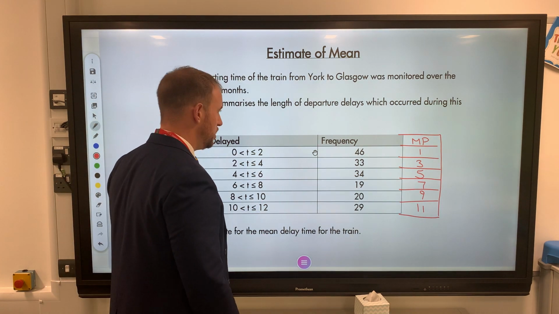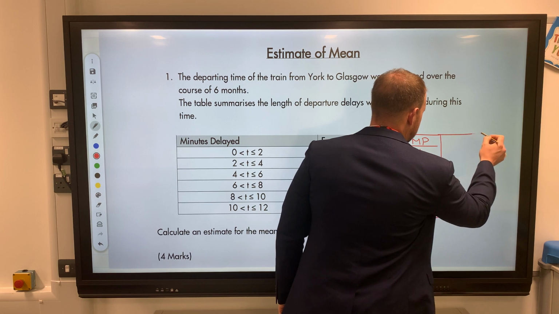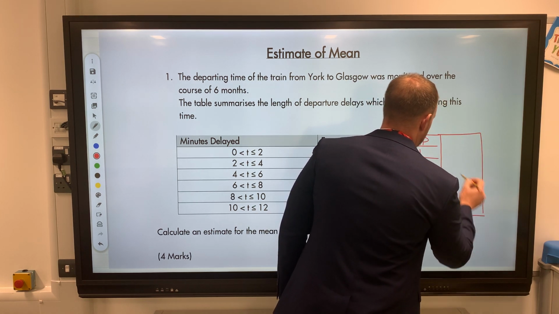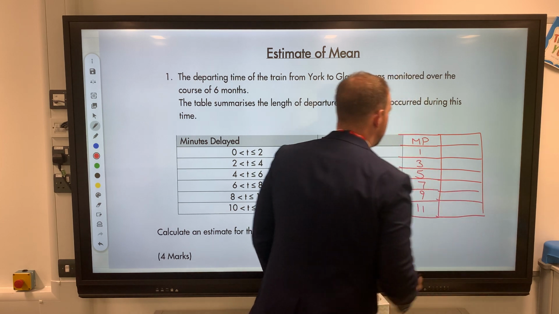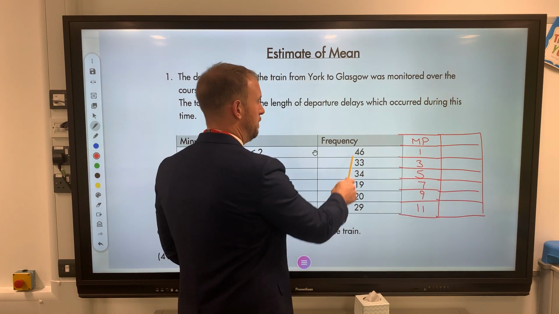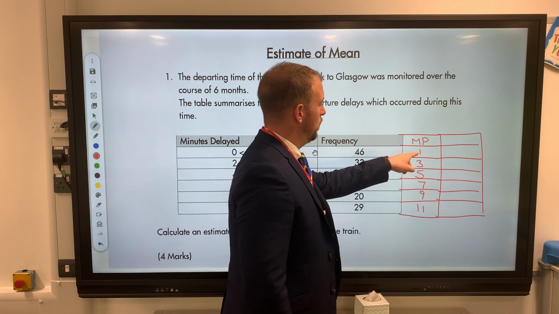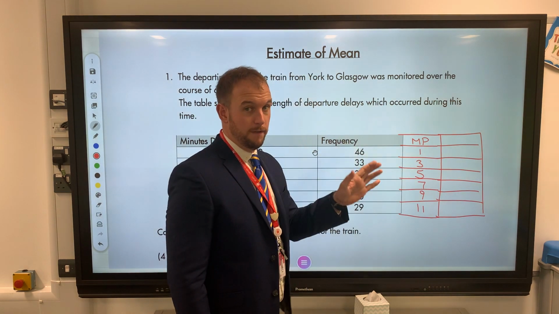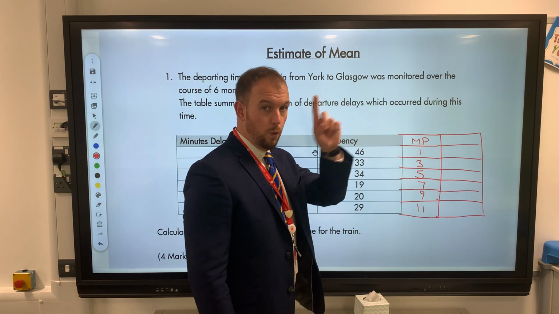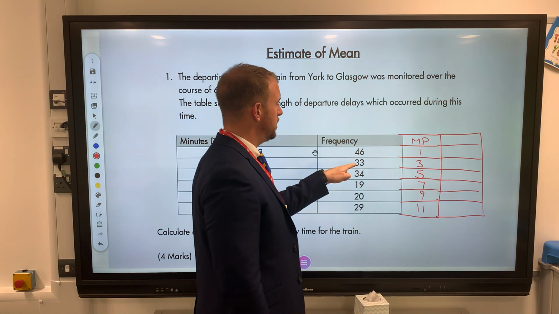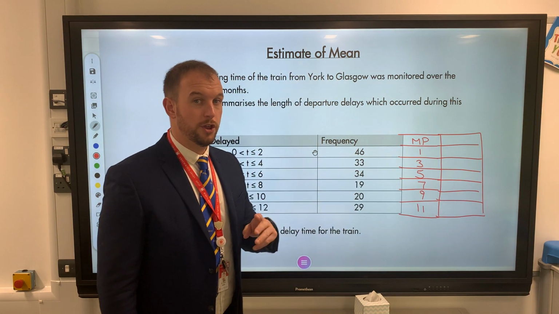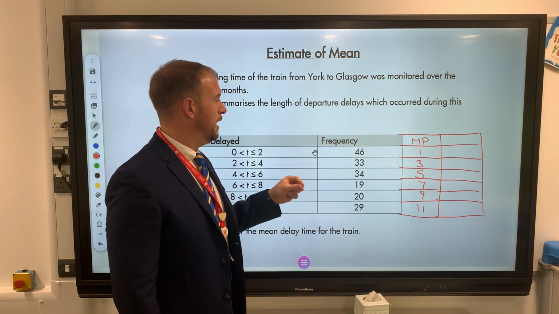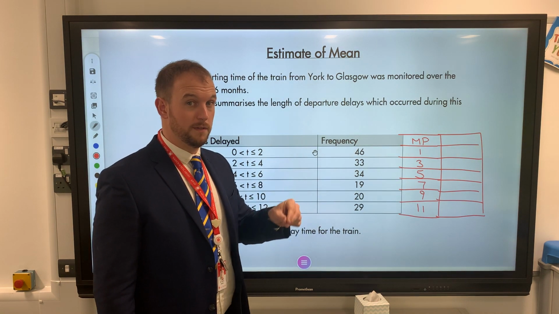So now we're going to extend it again, because what this table is telling us, there are 46 people that were delayed by roughly, or estimated, 1 minute. There are 33 people that were delayed by an estimate of 3 minutes, but we don't quite know the total amount of time.